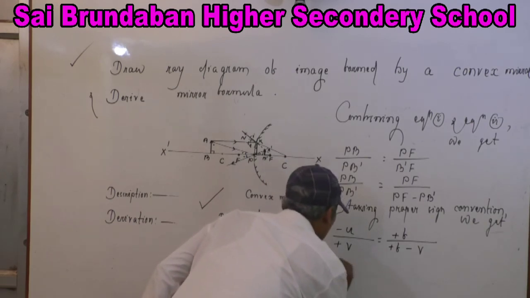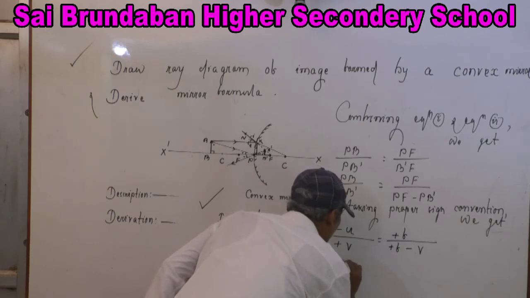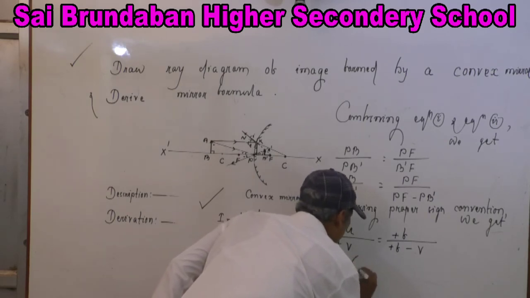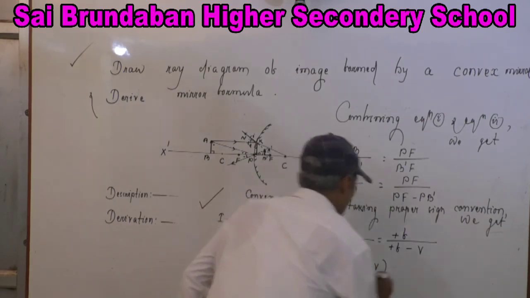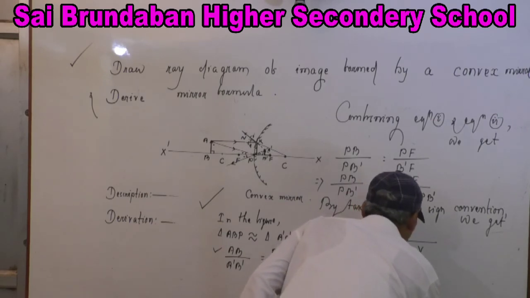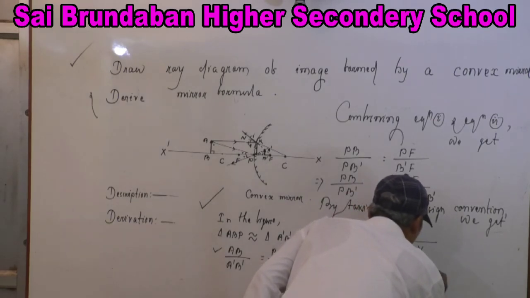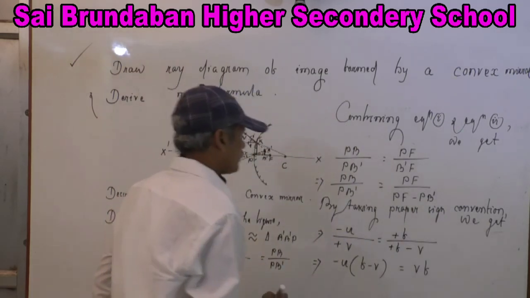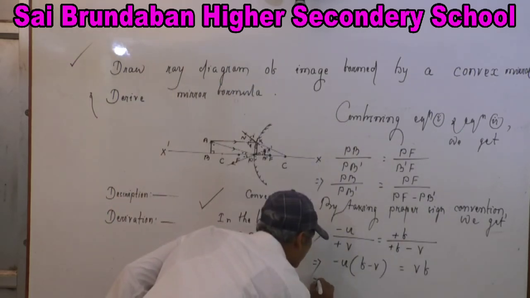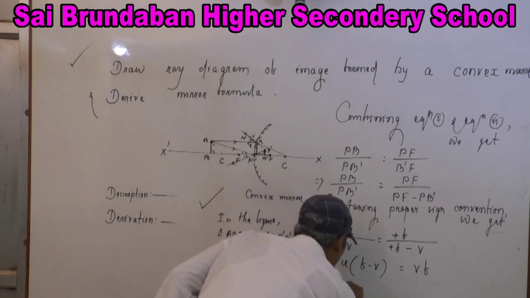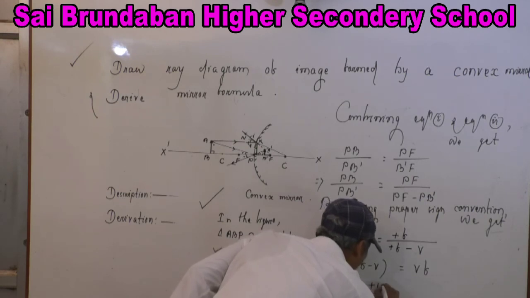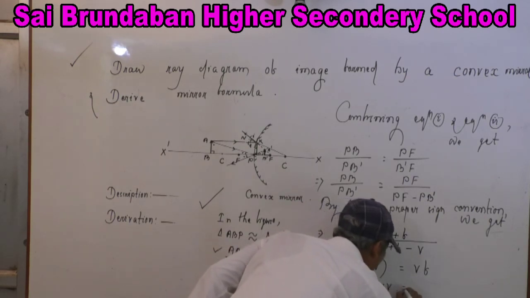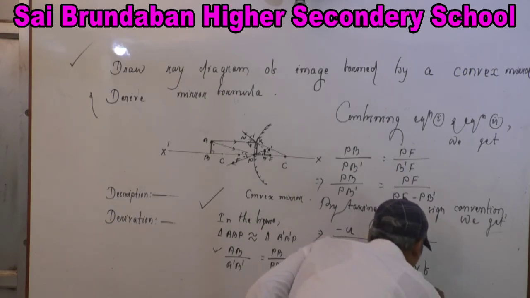Now, minus u is multiplied with f minus v, and this is vf. This implies minus uf plus uv is equal to vf.